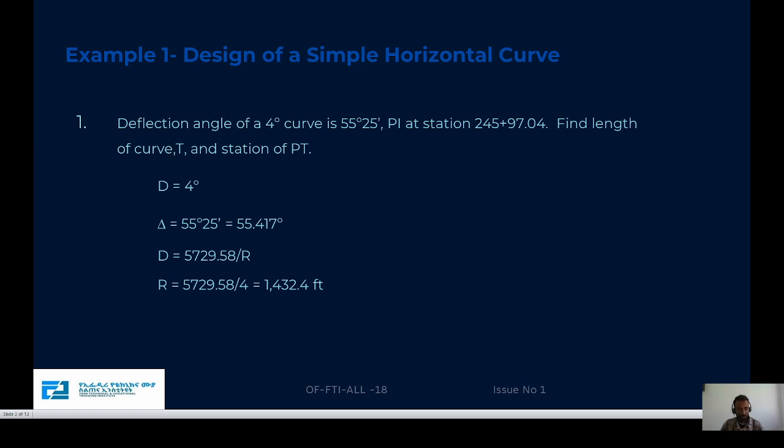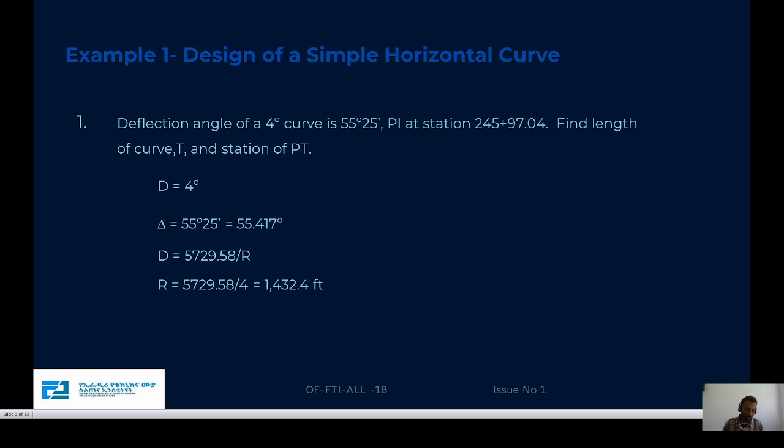For example one, the deflection angle is 4 degrees, the curve is 55 degrees 25 minutes, and the point of intersection is also given. It is 245 plus 97.04. The required is to find the length of the curve, the tangent, and the station of the point of tangent.